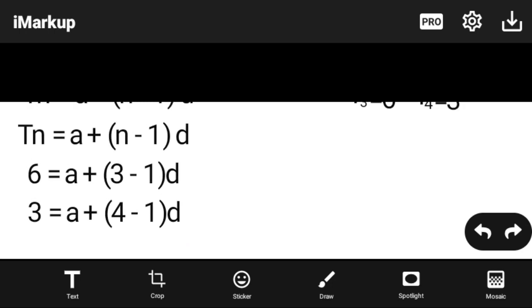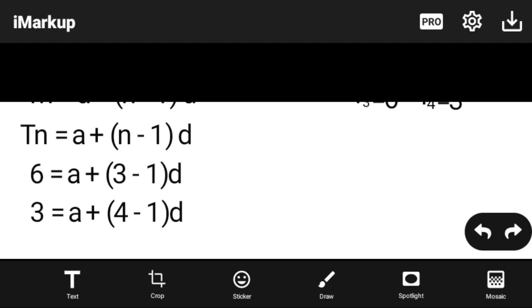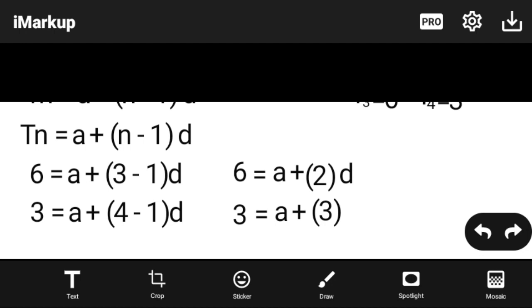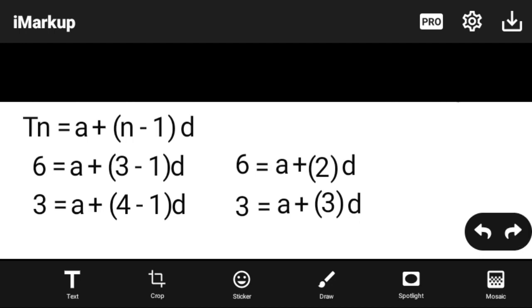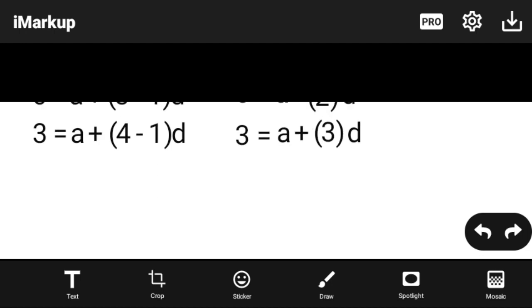We'll say 6 is equal to a plus open bracket, that is when you subtract 3 minus 1, that will give you 2, then common difference. Equal down there, 3 equals a plus open bracket 3, because 4 minus 1 is 3, then common difference.